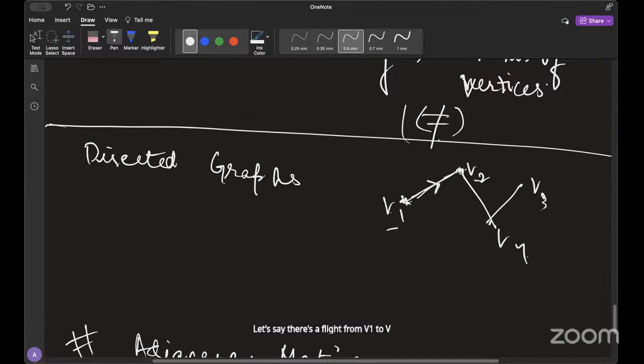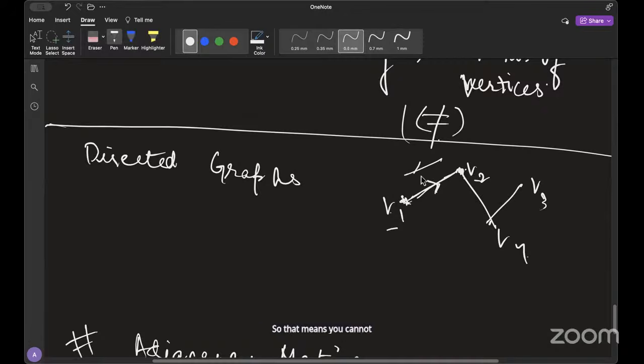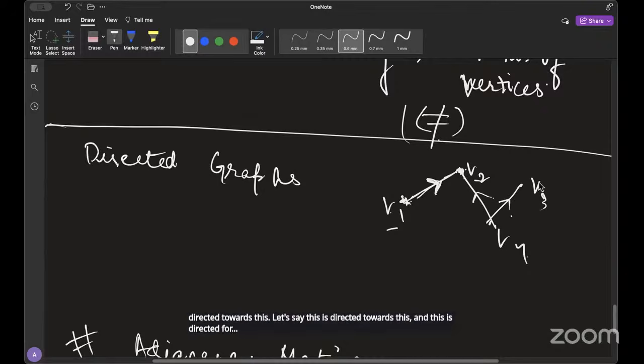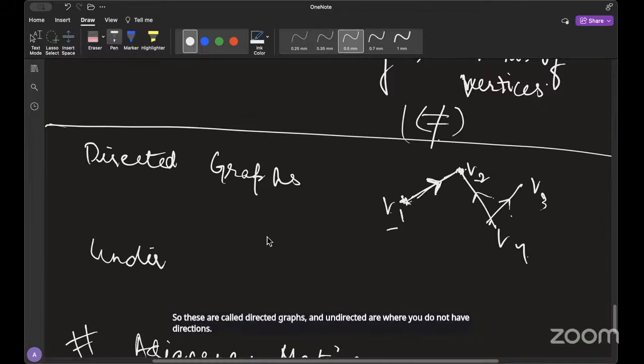So you can go from V1 to V2, but there's no flight from V2 to V1. So you cannot come from here to here, right? Then you'll have to mention the directions too, that this is directed towards this, and this is directed here. So these are called directed graphs, and undirected graphs are where you do not have directions.